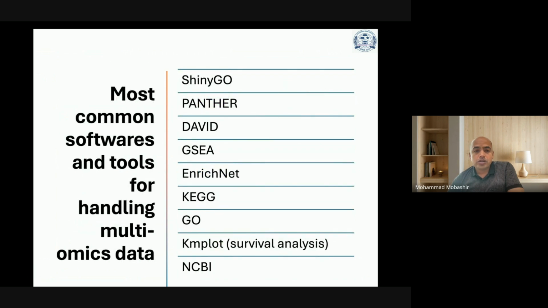And the most common software for such multi-omics tools, of course, the listed software are not the only software, but these are some of the helpful software like ShinyGO, PANTHER Database, DAVID, enrichment analysis, GSEA, EnrichNet for the KEGG pathway, and Gene Ontology Terms Analysis, GO, like Gene Ontology Database, KM Plotter for survival analysis, NCBI, and more.